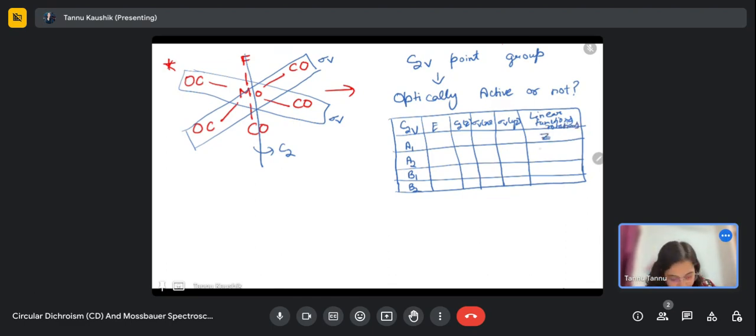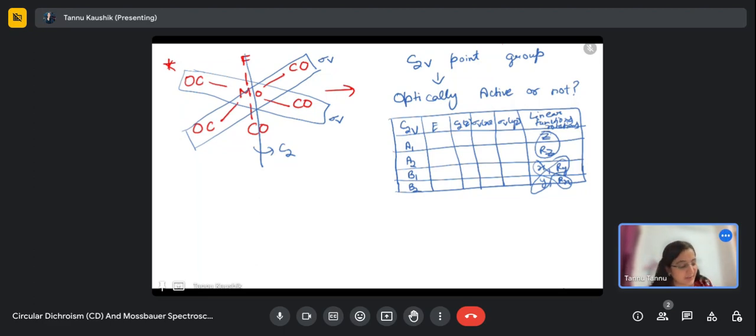So here we can see that Z, Rz, X, Rx, Y, Ry are associated with different irreducible representations. So we can say here either the electric field vector is active or the magnetic field vector is active with respect to any irreducible representation for this point group.